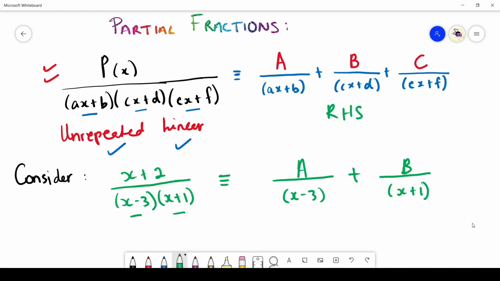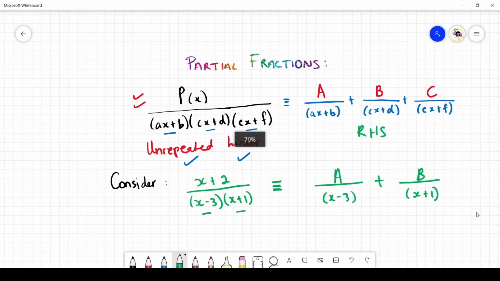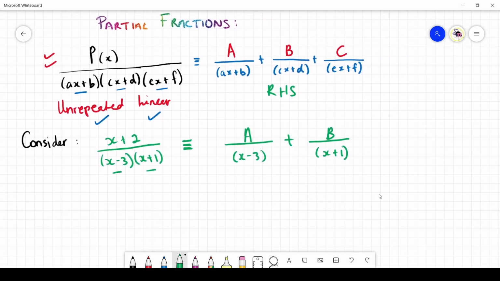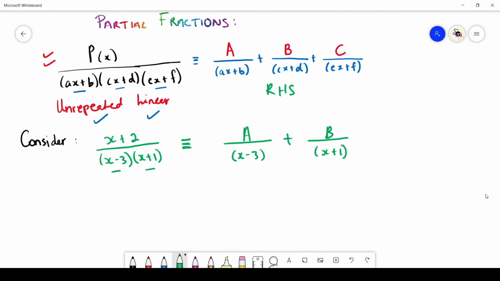Okay, and that's it. All that's left for us to do now is solve for the values of A and B. We are looking for numerical values for A and B. And because of the presence of that equivalent sign, there are some basic mathematical skills you should know so that we can apply them and solve for A and B.